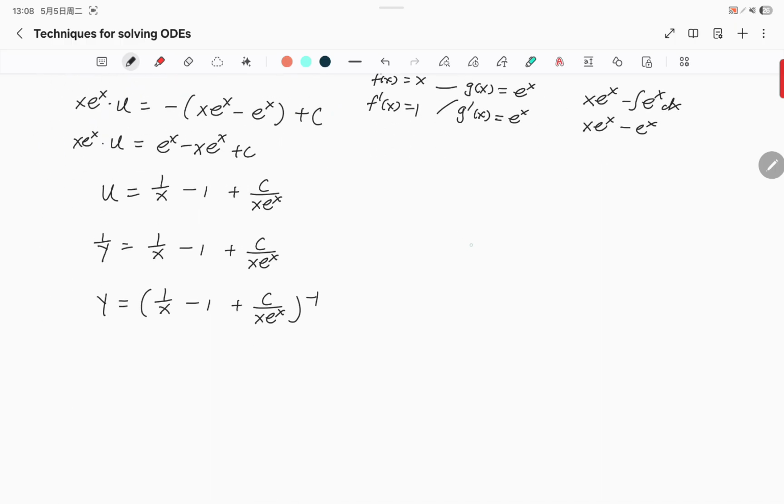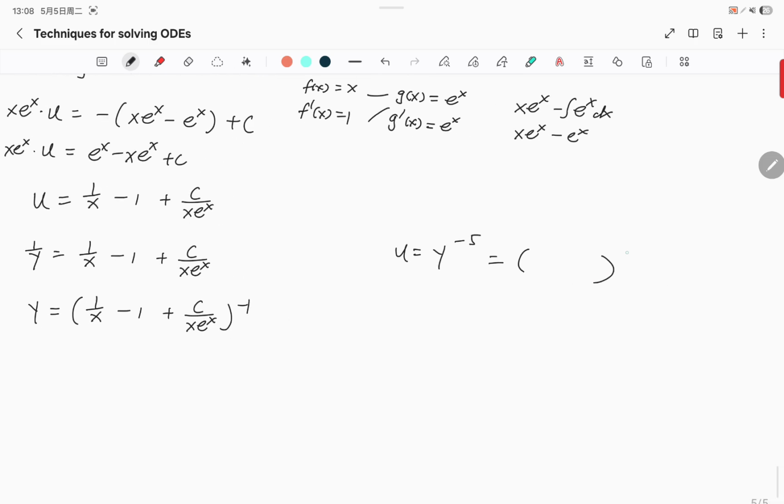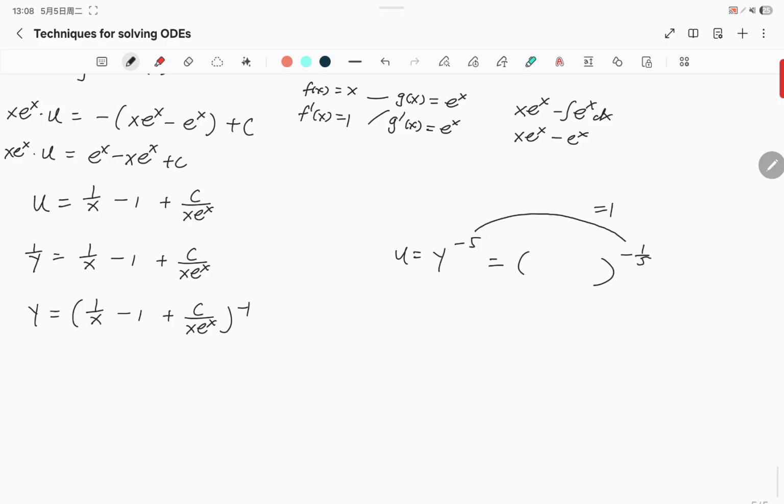Let's say u was equal to y to the power of 5, then what you can do is raise this whole equation to the power of 1/5. The trick here is these two powers, multiplied together, must equal 1. 5 times 1/5 is 1. So you find the power such that when you multiply it by whatever you have here, it gives you 1.